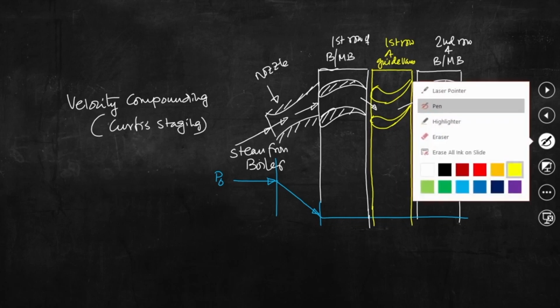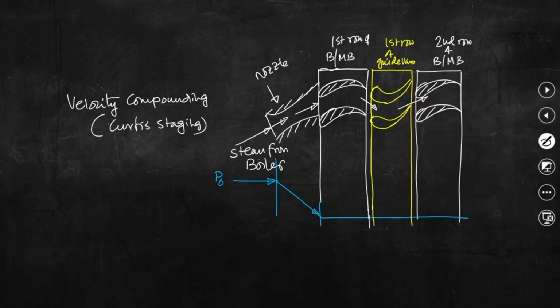Now, if we try to draw the velocity, this is the velocity of the steam at the inlet of the nozzle, and that velocity will increase. As I said, when that steam is entering into the first row of moving blades, part of that velocity would be utilized.